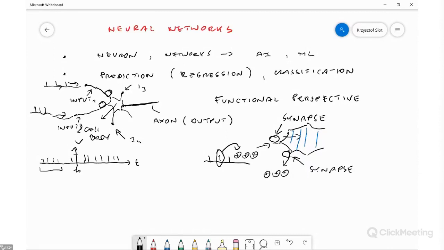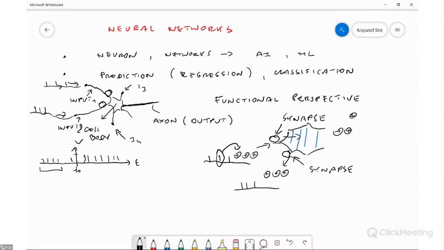So if an external neuron at this input delivers 3 ions, a synapse can transfer to a cell body, for example, 2 ions, or it can transfer 1 ion, or it can transfer 3 ions. But there is more.